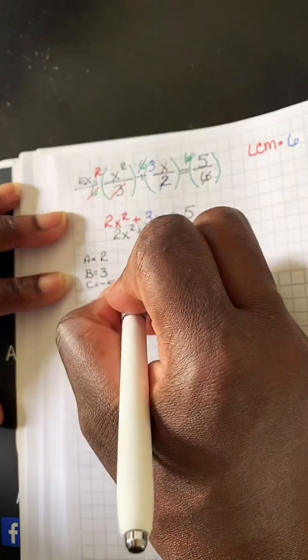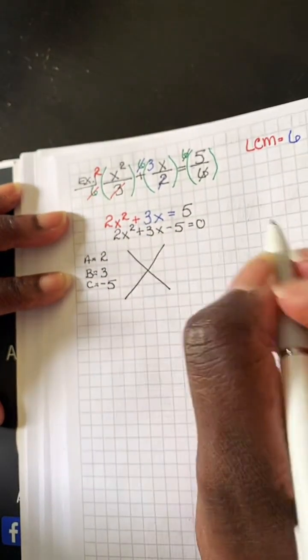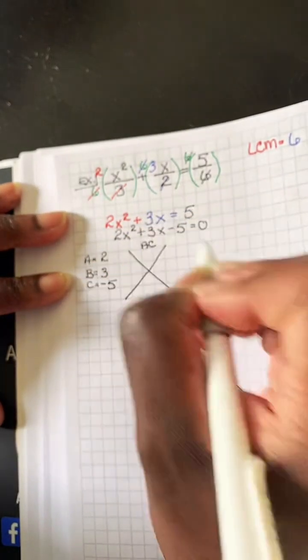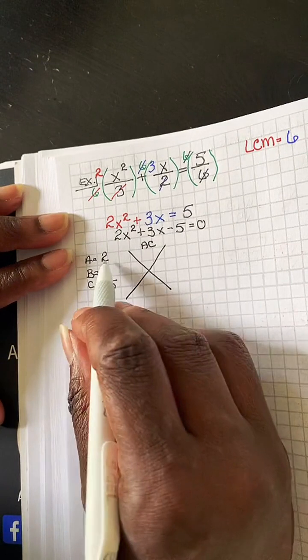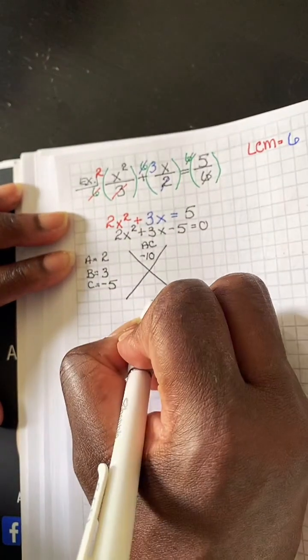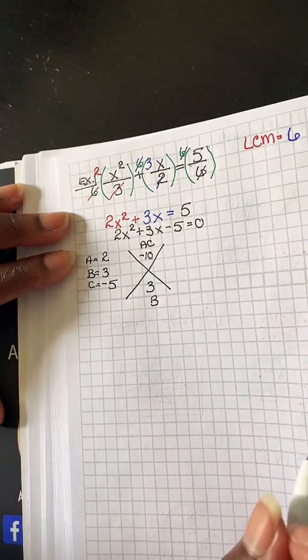The reason they call it the AC method is not because it's my initials, it's because you're multiplying the A and the C. So you got your 2 times negative 5, that gives me negative 10, and you rewrite your B, which is 3.